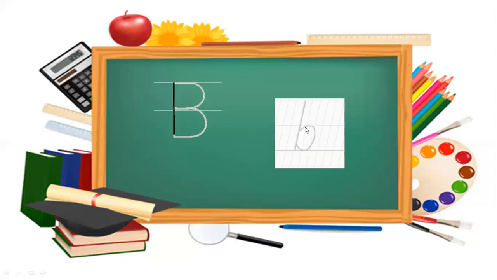Draw a complete curve towards your right side. So draw a standing line and then draw a curve starting from the middle, reaching to the bottom and touching the standing line. This is our capital B and this is our small b.